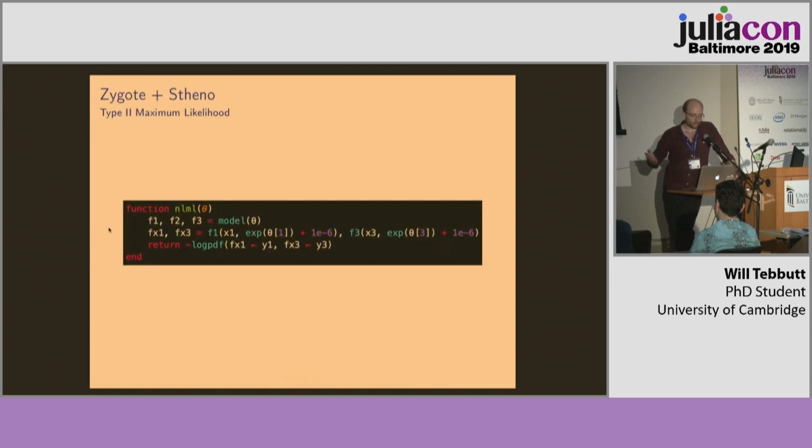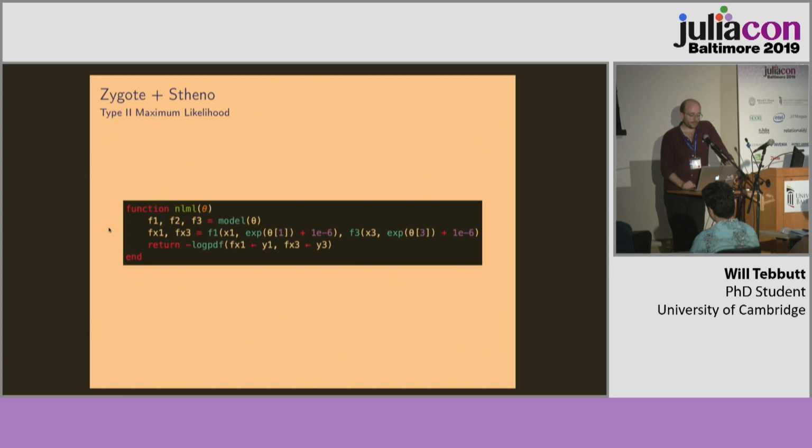So, just example code here. I've got some model with parameters theta, which spits out f1, f2, and f3. This could be the additive model we had before, very similar to that. Then we look at the marginal distributions of f1 and f3 at locations x1 and x3, where the second argument is just the observation noise, how much uncertainty you have about the observations, and that's parameterized again.